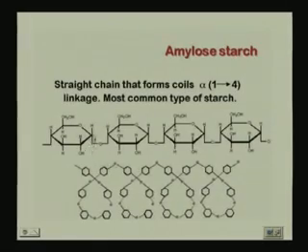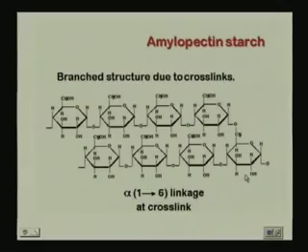What you need to know is how you can actually form these linkages, an alpha 1,4 linkage. If you know that the straight chain forms alpha 1,4 linkages that then branch off to form 1,6, it looks like that. If you look at amylopectin, what is this linkage?